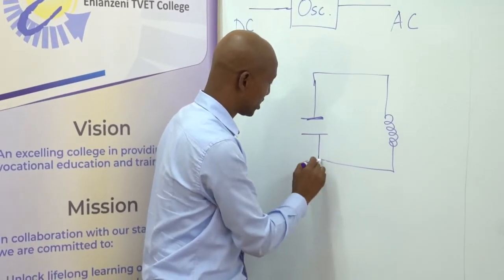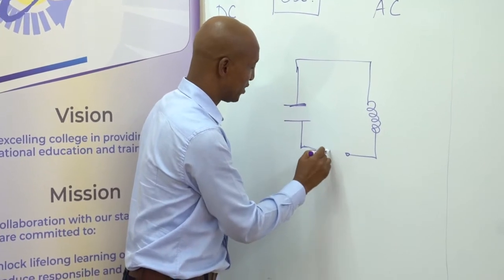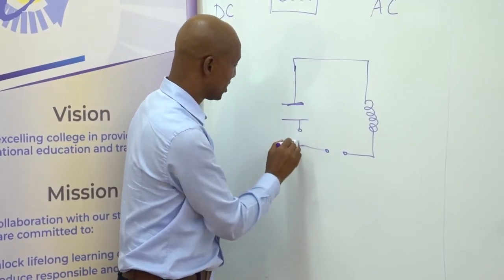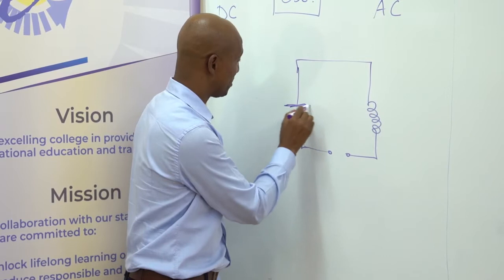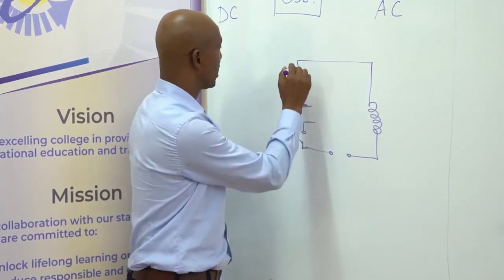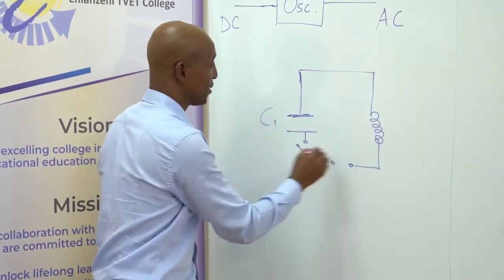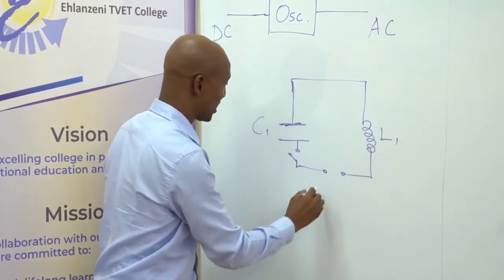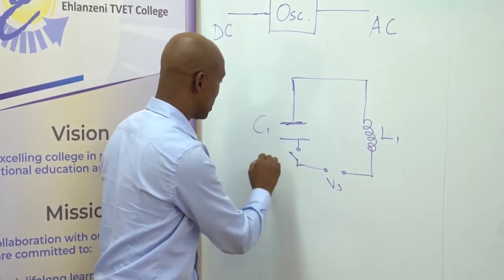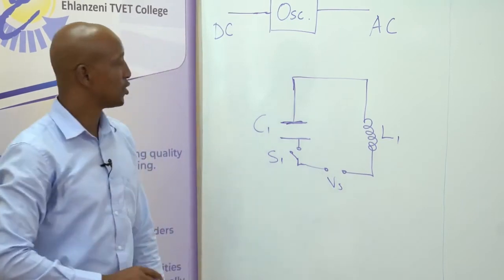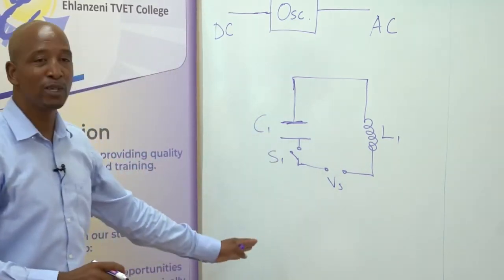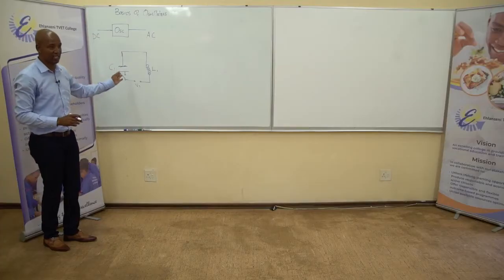I will simply use the circuit symbols. By now we all know that in engineering we use symbols; we just talk by diagrams. So this will be our capacitor and this will be our inductor. That will be our supply voltage, and this will be our switch. So this is simply called a tank circuit.